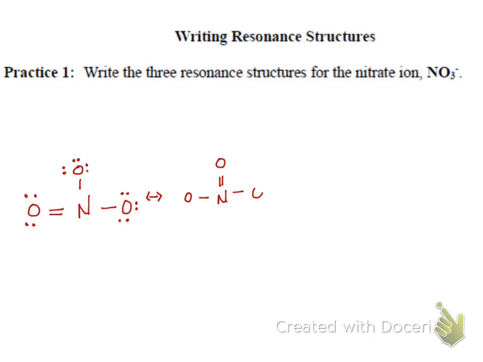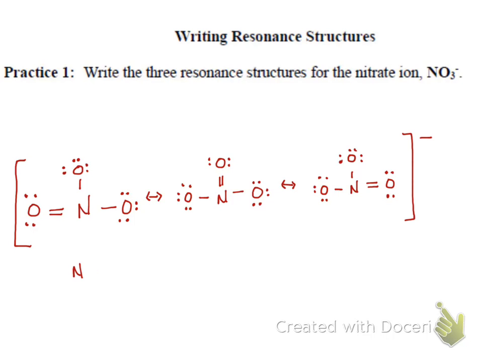So the three structures for nitrate are drawn here. We can put the double bond in nitrate on the first atom, or the second atom, or the third atom, and move it around. We don't move the atoms around.